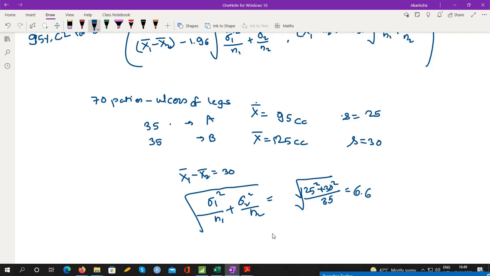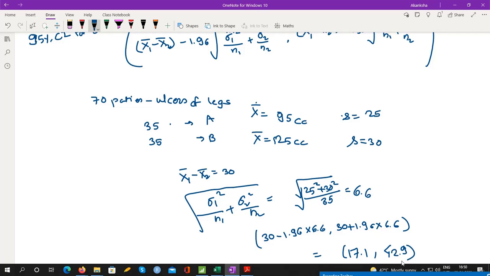So I'll have 30 minus 1.96 into 6.6, comma, 30 plus 1.96 into 6.6 as the confidence interval. So that gives us the lower limit roughly 17.1, and the upper limit turns out to be 42.9.